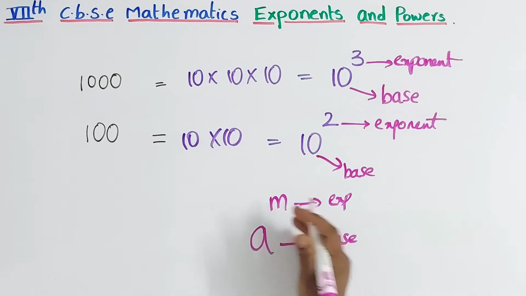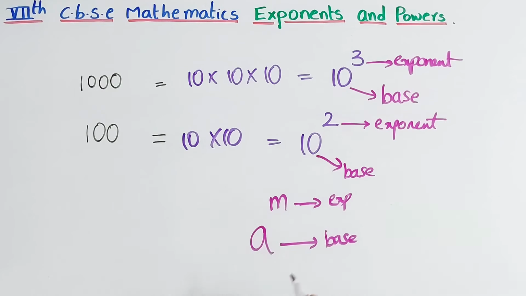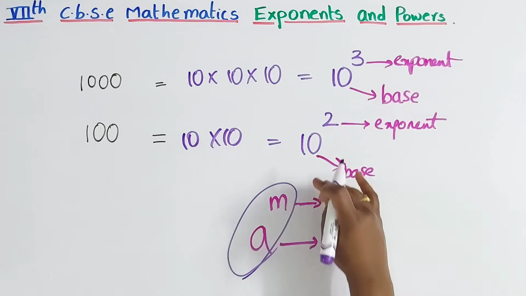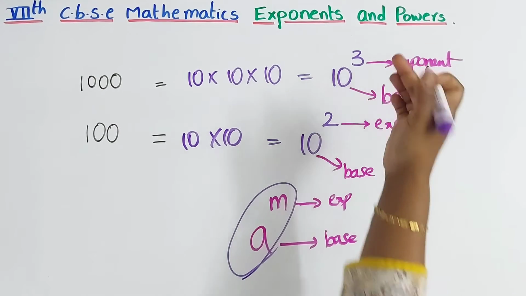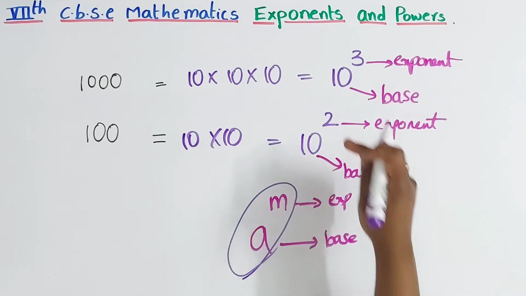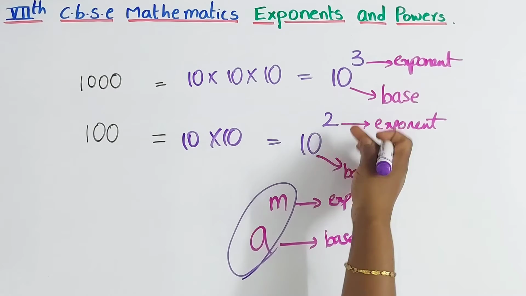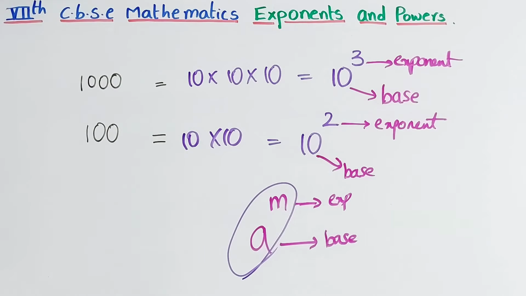But the power is represented as the combination of base and exponent. Right, children? We can call it as a to the power of m. Right? 10 to the power of 2. 10 to the power of 3. Otherwise 10 raised to the power of 3. 10 raised to the power of 2. Right, children? That is our chapter, exponents and powers.